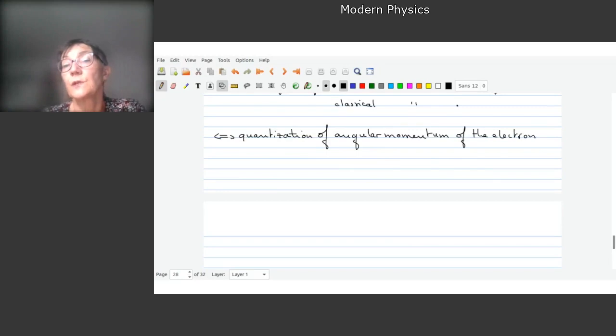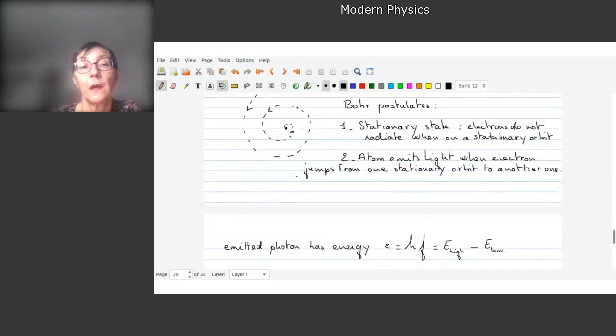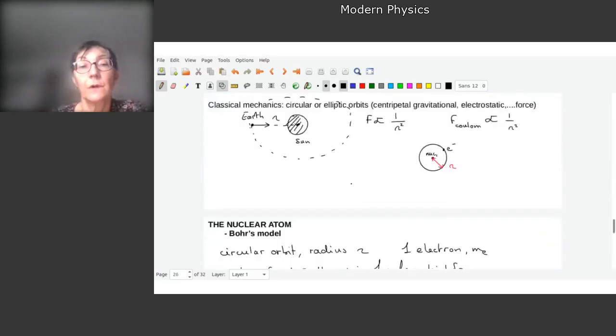And what is this quantization? The angular momentum is equal to the linear momentum times r, because we have here a circular orbit.